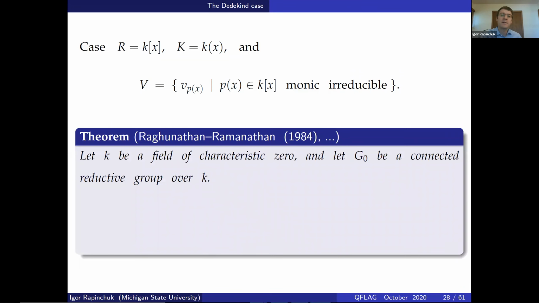Now, in the 1980s, Raghunathan and Ramanathan studied torsors over the affine line, and then this problem was revisited by several other people later on.